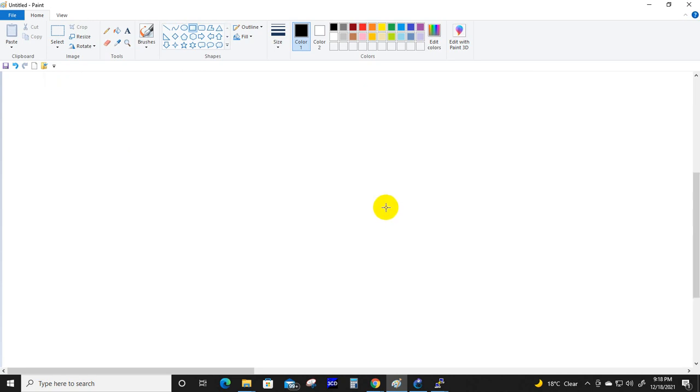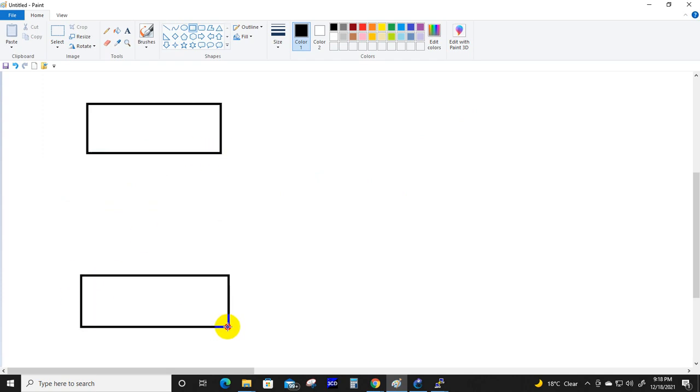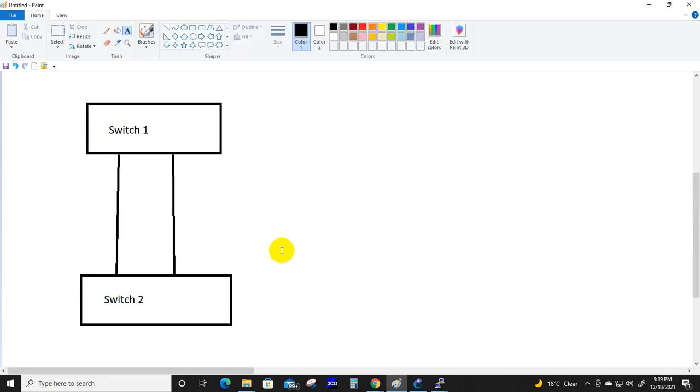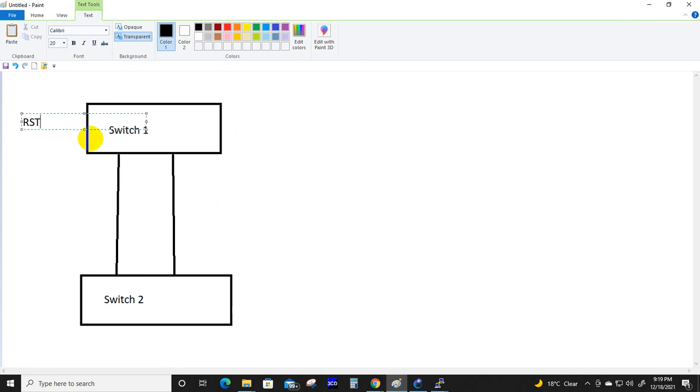So we consider two topologies. This is my switch 1 and this is my switch 2. We enable RSTP in both switches.